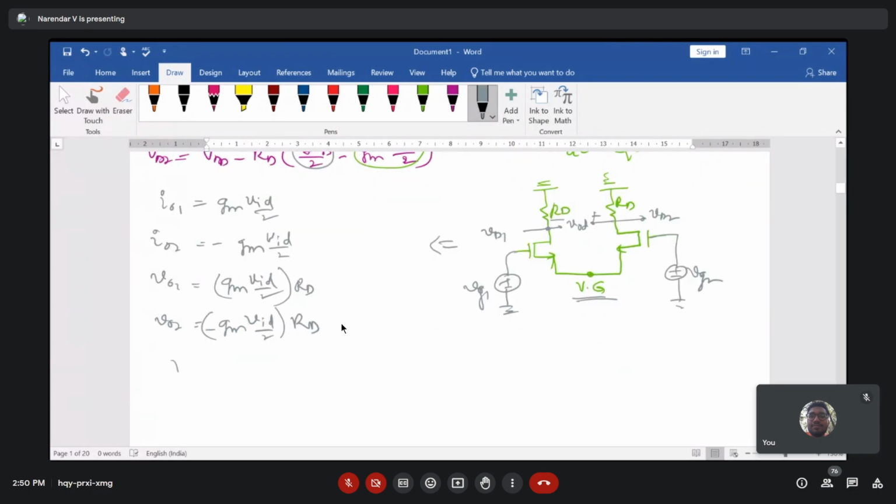And V naught D, which is differential output voltage for analog. For a small signal model, this is V naught 1 minus V naught 2, and next if we write the differential output gain AD, which is VOD by VID, which can be obtained as GM times RD.